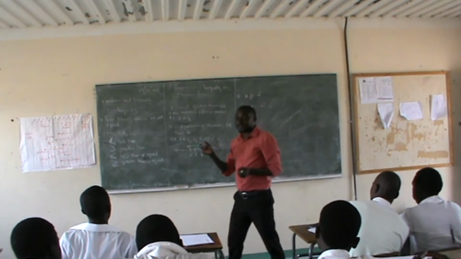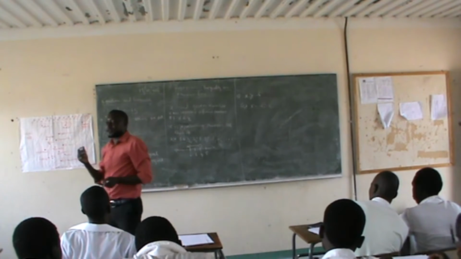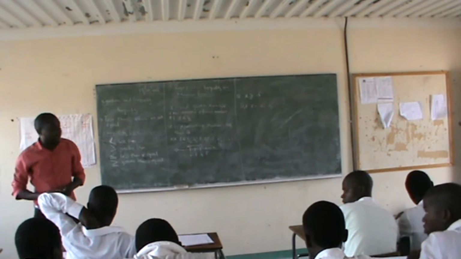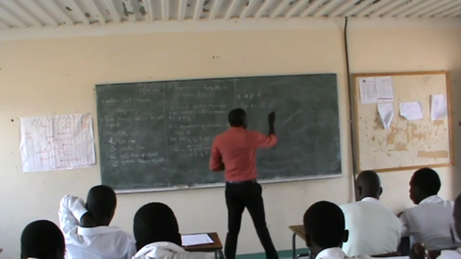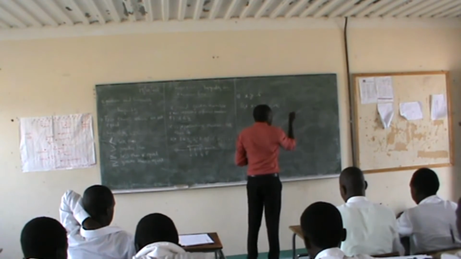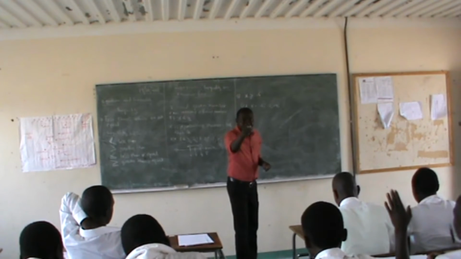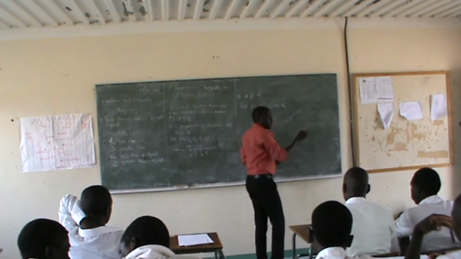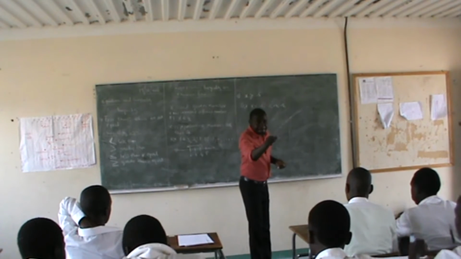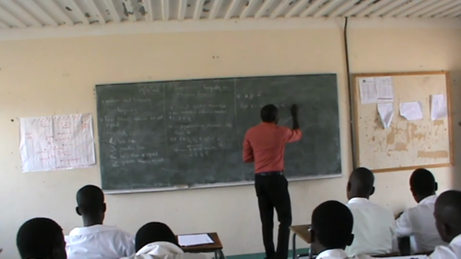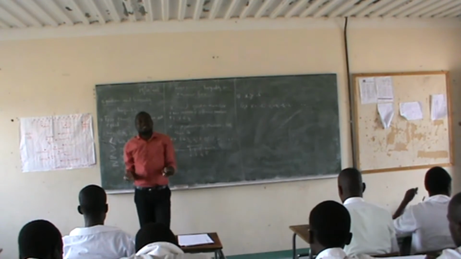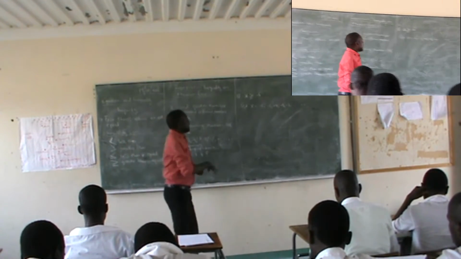Numbers greater than negative 6, from negative 5, negative 4, negative 3, negative 2 goes there.